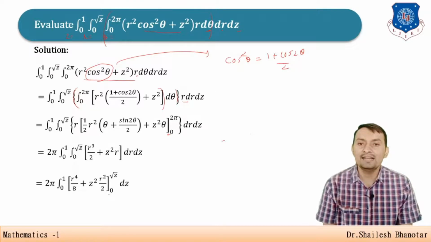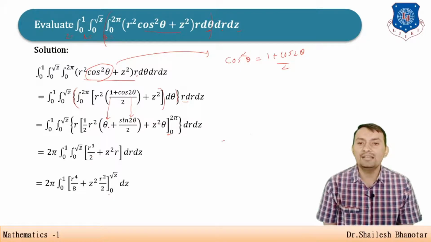But here you can see that r squared by 2 is common, and integrating with respect to theta, what you are going to get is theta, then the integration of cos 2 theta, that is sin 2 theta divided by 2, plus z squared theta, evaluated from 0 to 2 pi. But here r is there, so I am just going to multiply r into r squared, that is r raised to cube divided by 2.